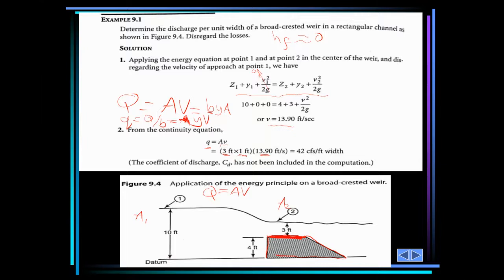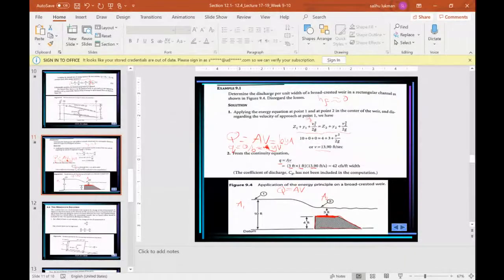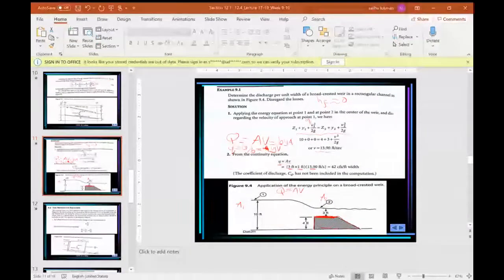Section 1 or section 2, which of them will have a bigger cross-sectional area of flow? Okay, section 1.